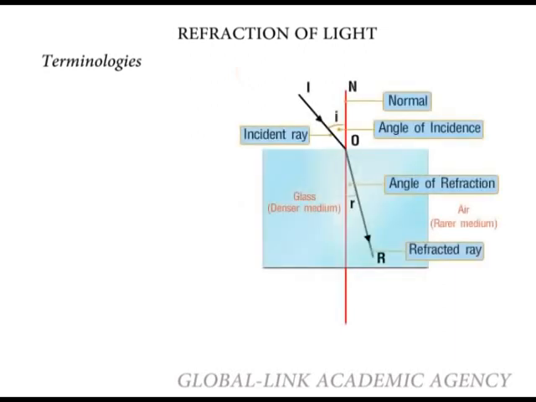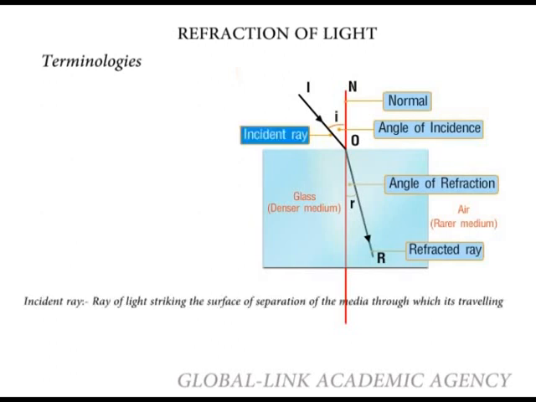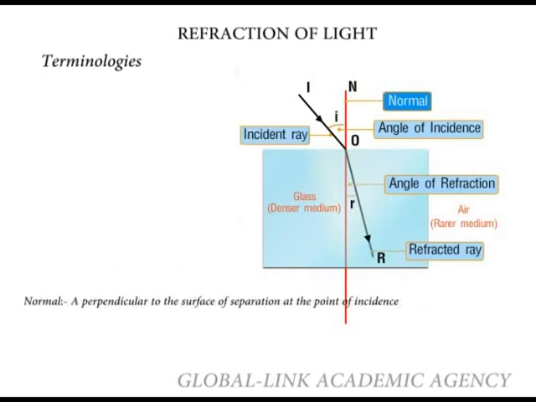Now, the following are components of a ray diagram. Incident ray is the ray of light striking the surface of separation of the media through which it is traveling. The normal is the perpendicular drawn to the surface of separation at the point of incidence.